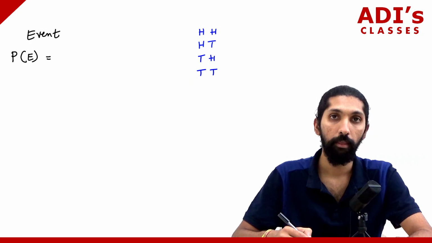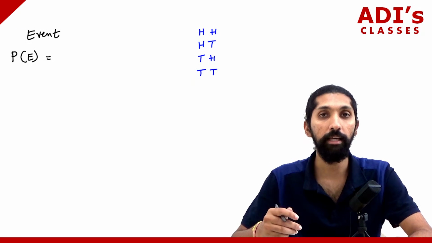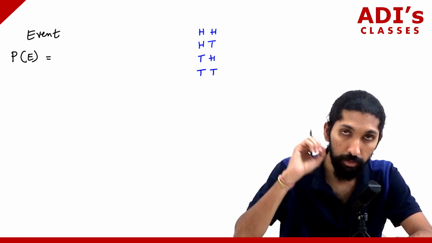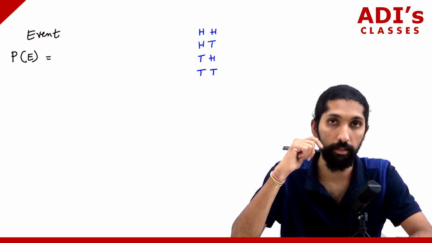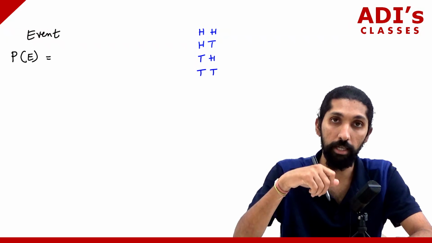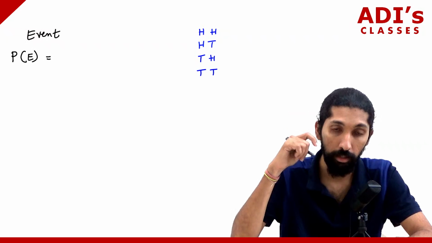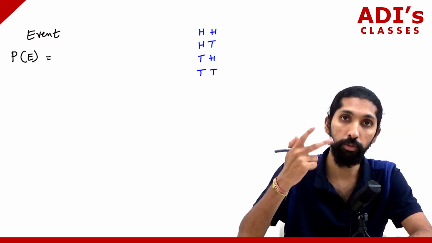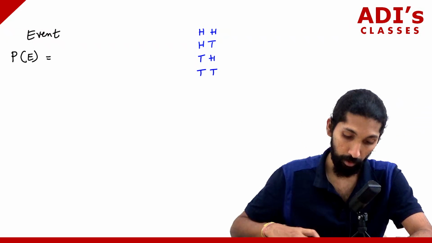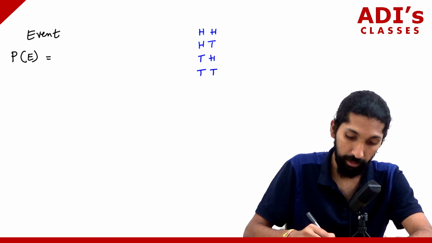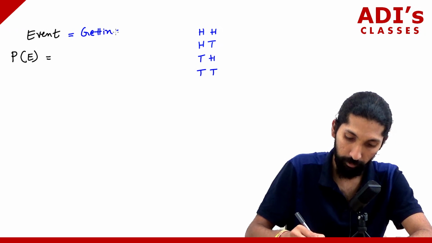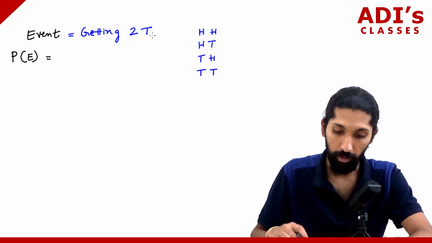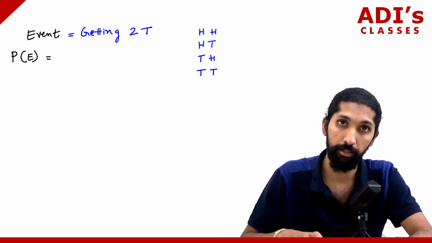Say my event is calculating how many times we are getting two tails. Say the probability of getting two tails. So the event is getting two tails.